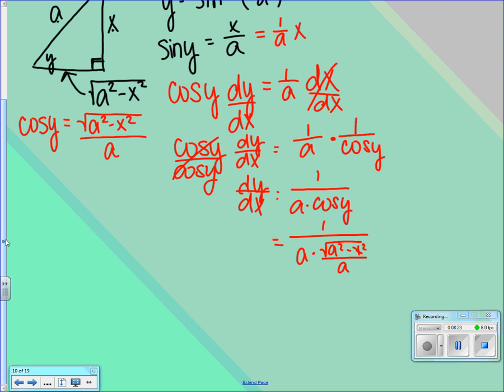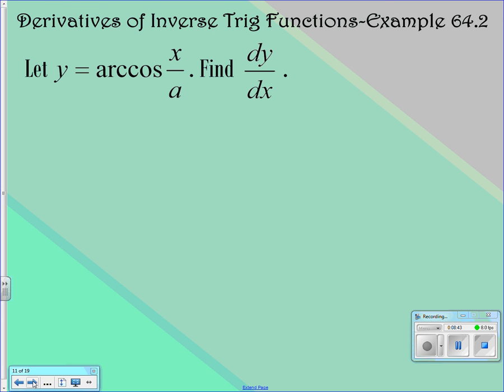And then if you look, these a's will cancel, and so we have 1 over the square root of a squared minus x squared. And so this is what your derivative is, right here. And so that's actually how you derive it, how you get to that formula that I showed you just a minute ago.